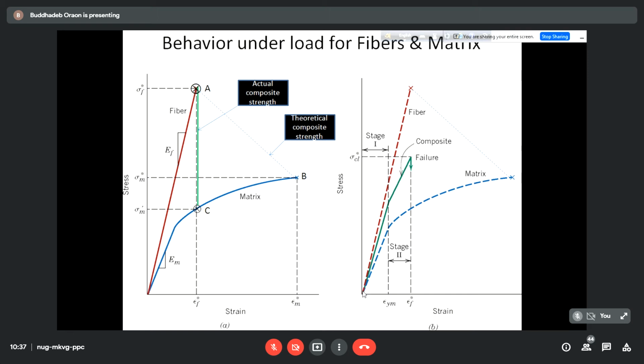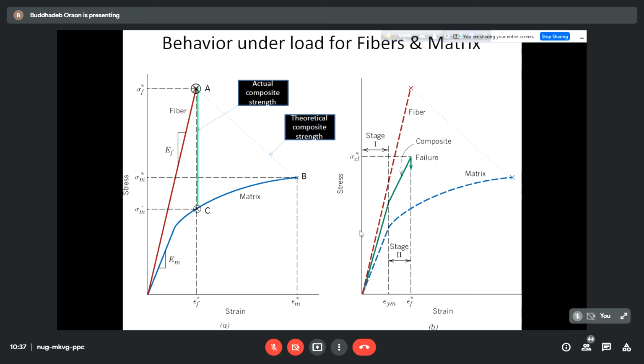Initially, when the stress level or load is less, the effect of the load is applied on the matrix. So the matrix initially takes the load, and as the stress level increases, the matrix gradually transfers the load to the fiber, and the fiber comes into the picture so far as load bearing capacity is concerned.